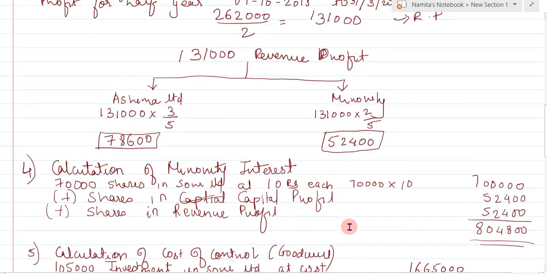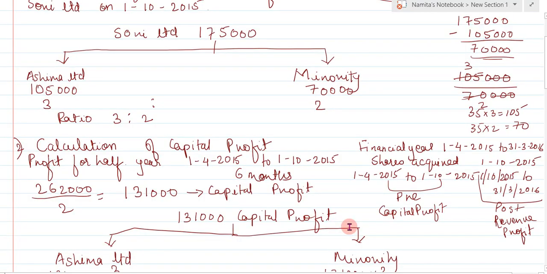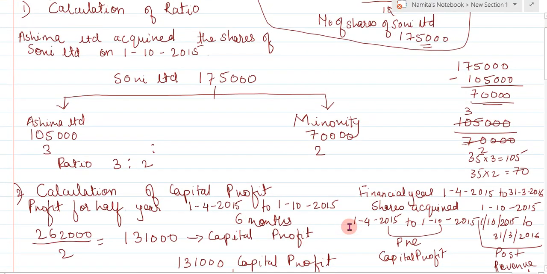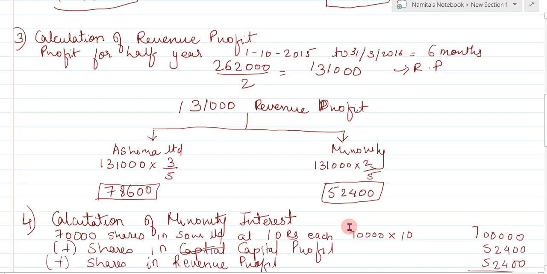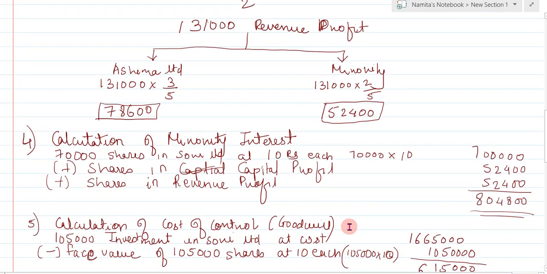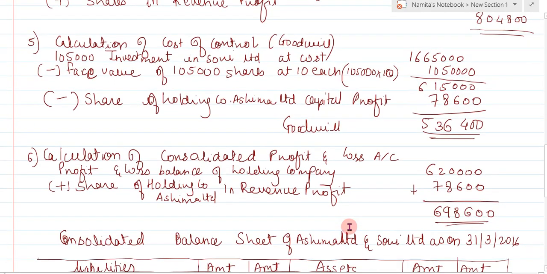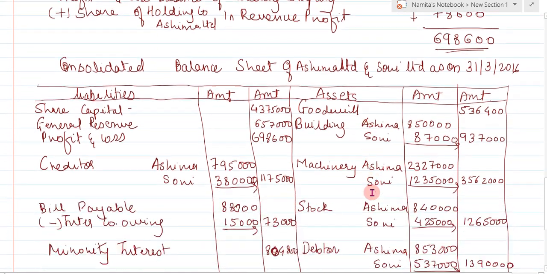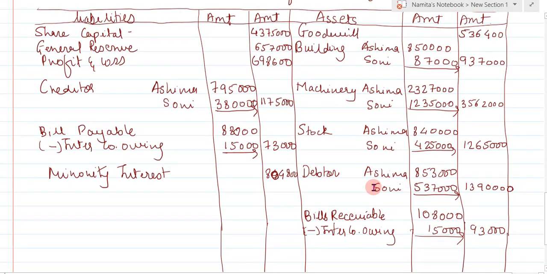So first you have to prepare the working notes, like calculation of ratio, on which ratio the holding company and minority will get the amount, then calculation of capital profit, calculation of revenue profit, and calculation of minority interest, calculation of cost of control, and at the last you have to find calculation of consolidated profit and loss, and then finally prepare the consolidated balance sheet of holding company and subsidiary company.